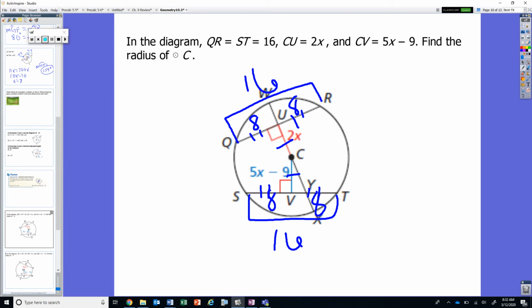Well, remember what the definition of a radius is. The radius is simply from the center of the circle to any point on the circle. Don't assume that it has to be one that is already created for you in the diagram.